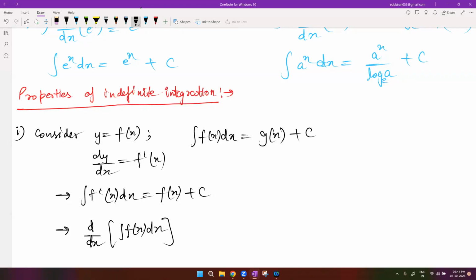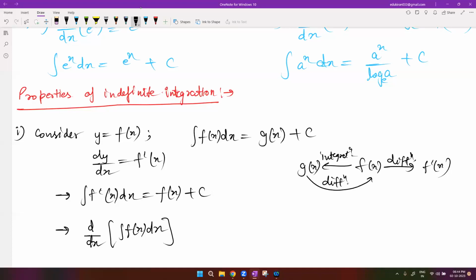Similarly, if you integrate fx and you reach somewhere, and then again you differentiate that, you reach back. So fx is here: either you can go in this direction by differentiation, or in this direction by integration. So if differentiation of fx is f dash x and integration of fx is some function gx, then if you differentiate gx, you go back to fx again.